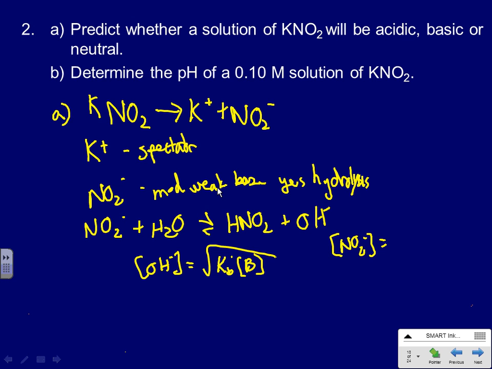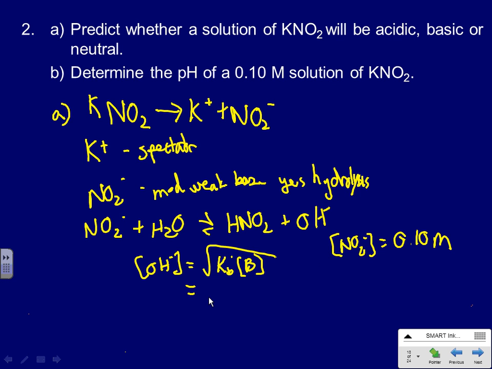How much NO2 minus is going to be in that water? 0.10, because there's only one NO2 for each one of these KNO2s, right? So this is that classic break the ions apart. I could put 1 to 1, but I don't need to. 0.10 molar times 1 to 1, right? There's one NO2 in each one of these.